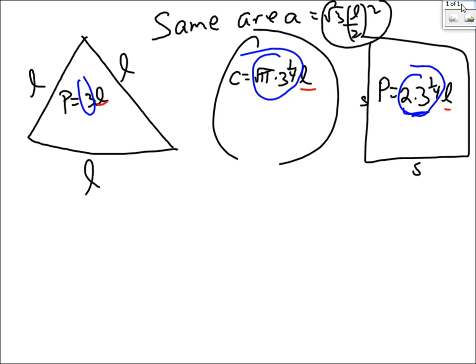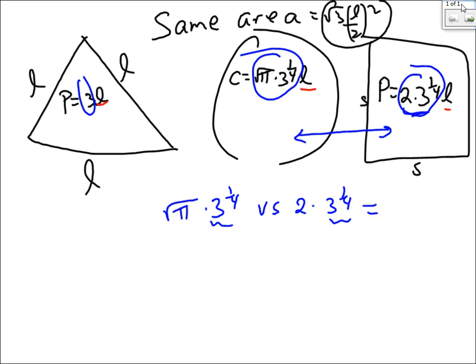So, I guess the obvious ones to look at first are these two. You have the square root of pi times 3 to the 1/4 versus 2 times 3 to the 1/4. Well, they both have 3 to the 1/4. Which one's going to be bigger? Well, it comes down to, is the square root of pi bigger than 2?